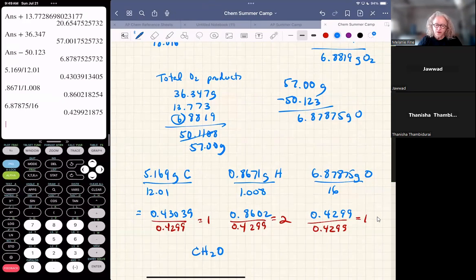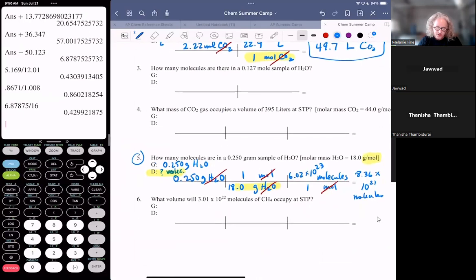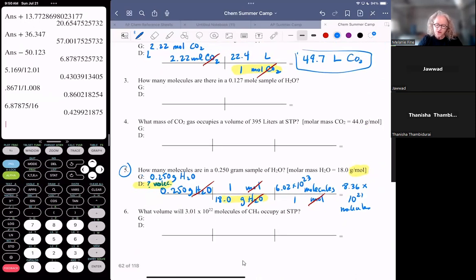Joanne, which problem are you on that you need to know what you're solving for? Is it number 6, number 4? Number 6 and number 4. Let's start with 6. What volume? What do you measure volume in? Oh, number 4. What mass? What do you measure mass in? What units?